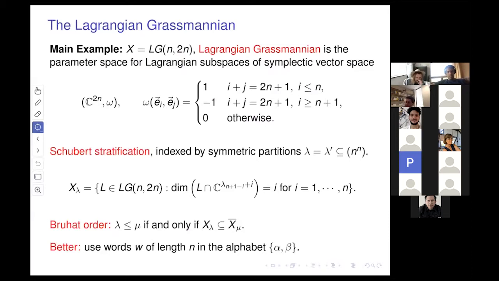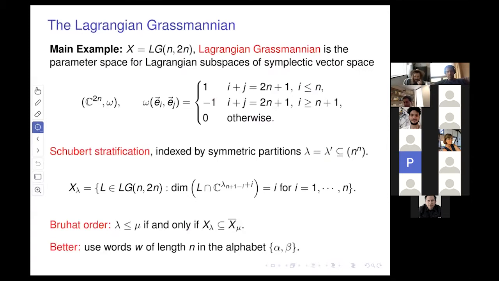And it turns out that the natural parameter set is the set of partitions with at most n parts, each of which is at most n. So their Young diagram fits inside an n by n rectangle. And moreover, it's symmetric, it's equal to its transpose.